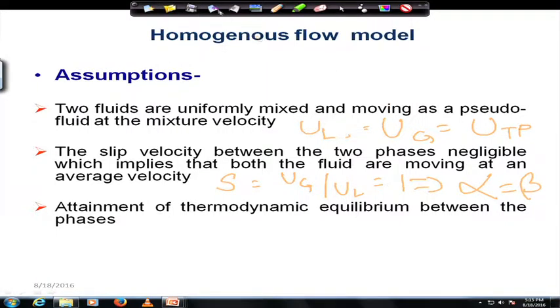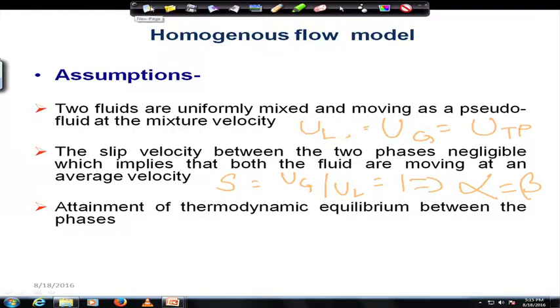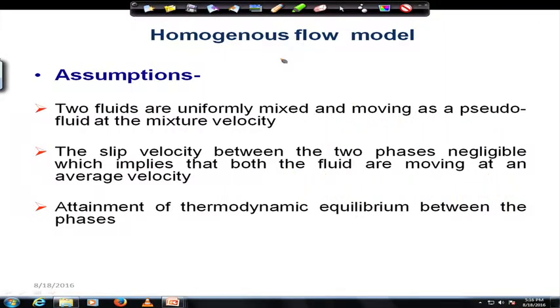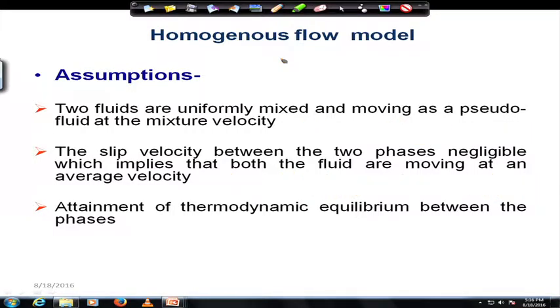With this, if we develop the model, what do we find?